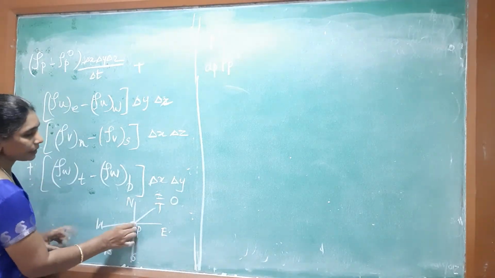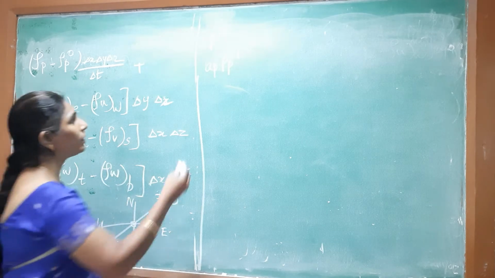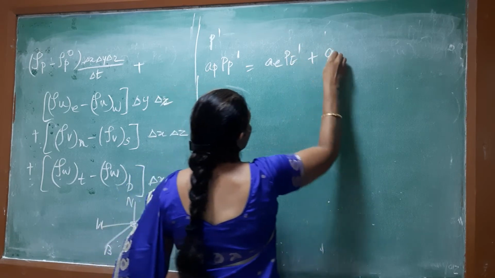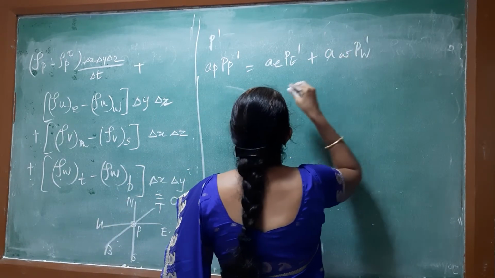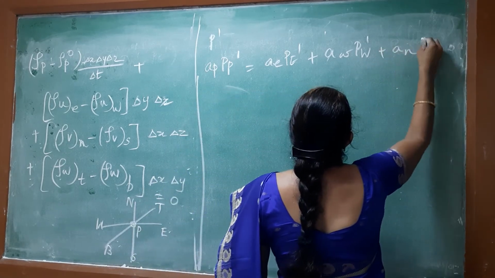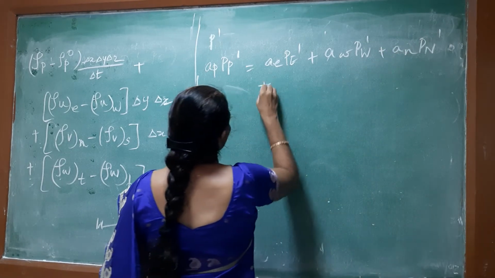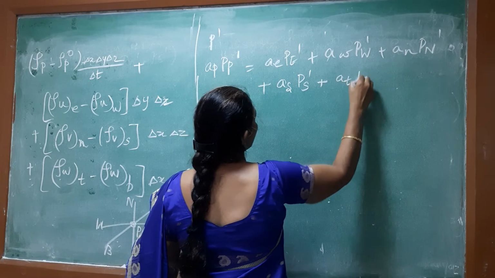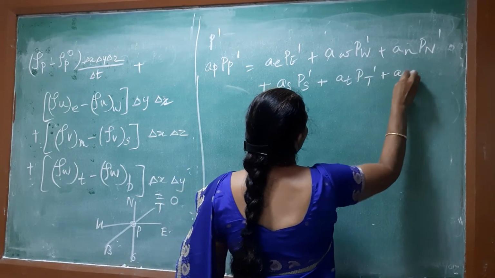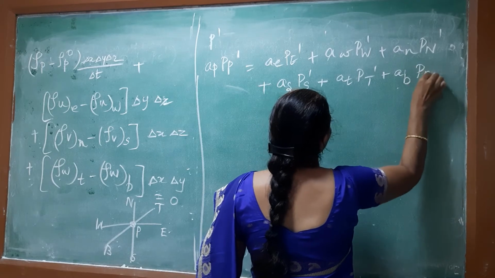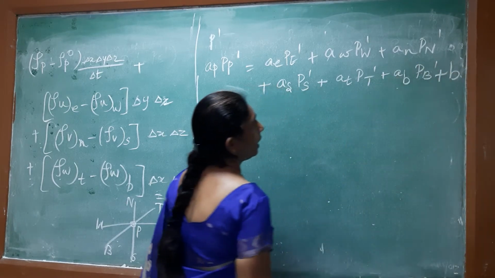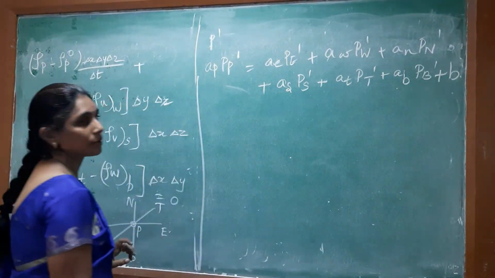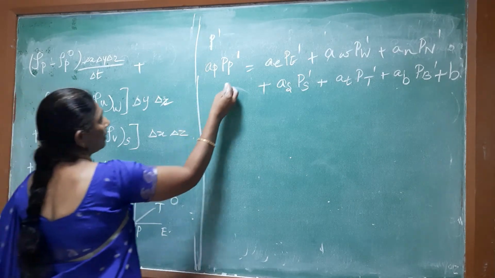So at this particular point, it is going to be influenced by all the neighboring points I told you. So first is AE, PE dash, AW, PW dash, plus AN, PN dash, AS, PS dash, AT, PT dash, AB, PB dash, plus B. I've told you initially this B is a source term which is different from that of the pressure term, so that is also included here. Okay, so we will be arriving at this P dash.